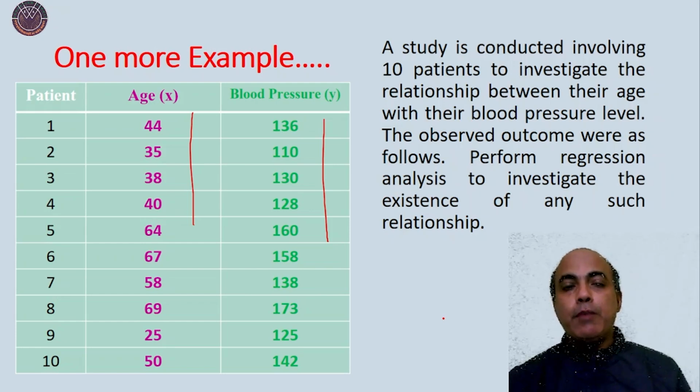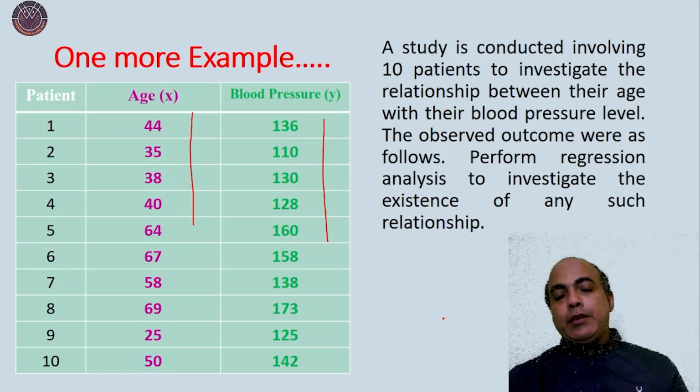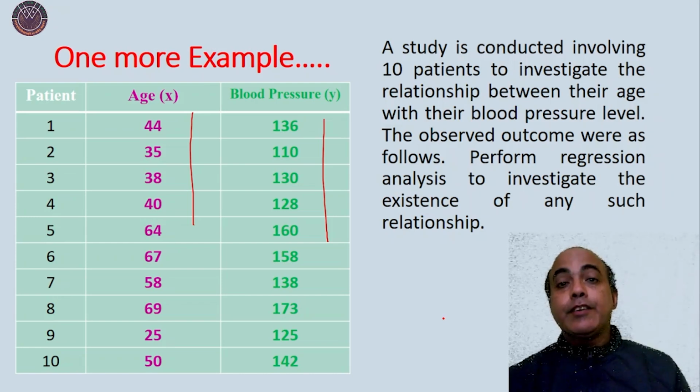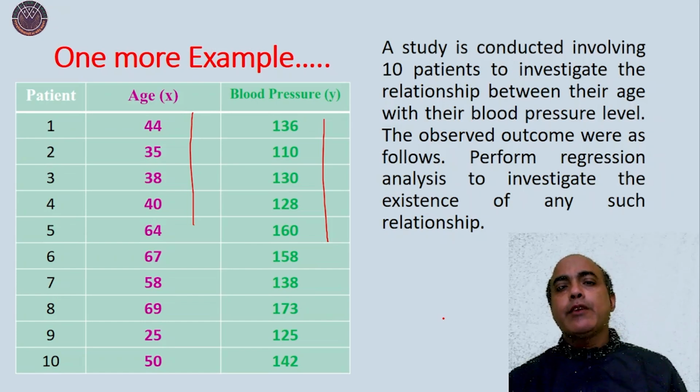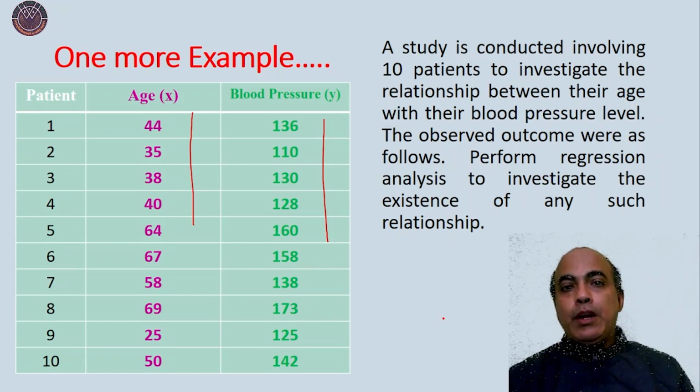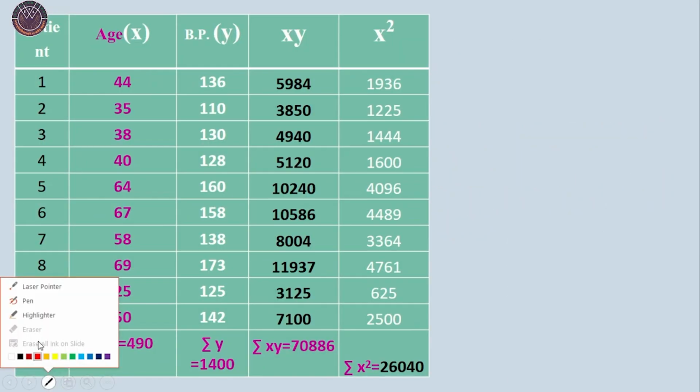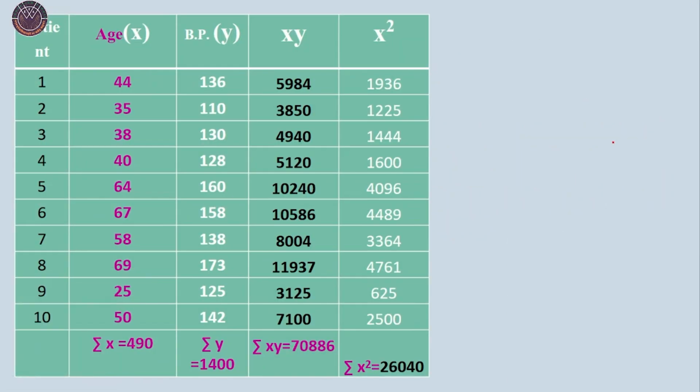So we will perform regression analysis, try to get the estimated regression equation, and then again conduct the ANOVA test and try to get the coefficient of determination, the R square value, also. So let us see how we can do that and solve this particular question.